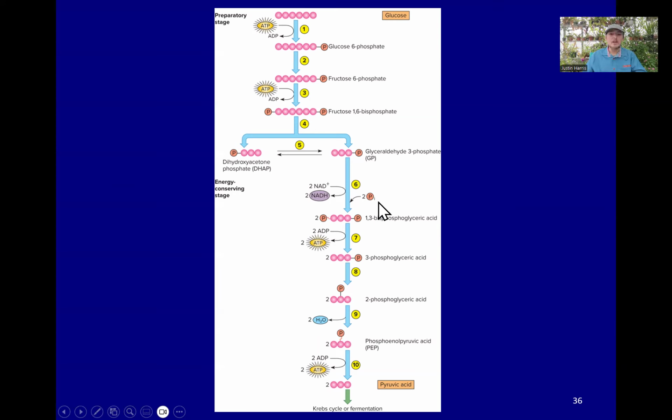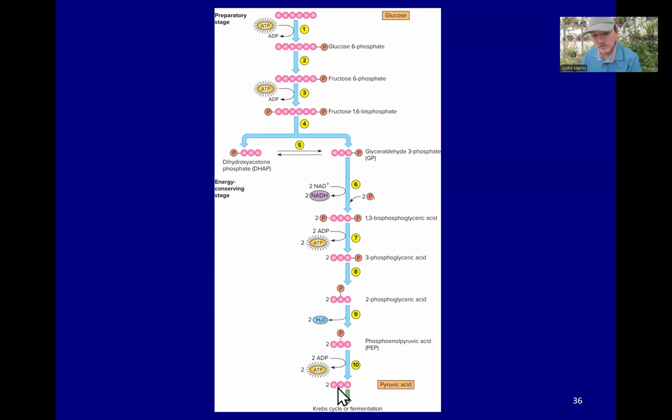Then we're able to transfer this phosphate group onto ADP and generate 2 ATPs. And so now throughout this whole process, we've invested 2 ATPs, we've gained 2 ATPs. And through another series of steps, we rearrange the phosphate group, and then we're able to harvest 2 more ATPs.